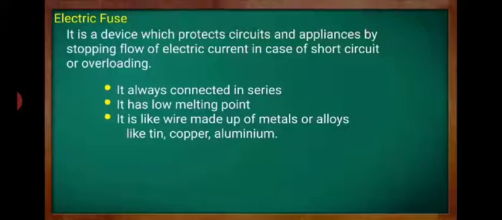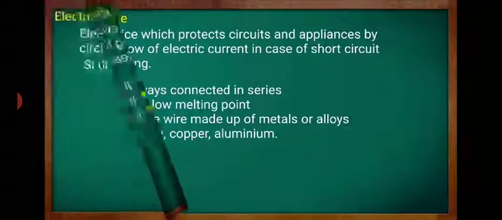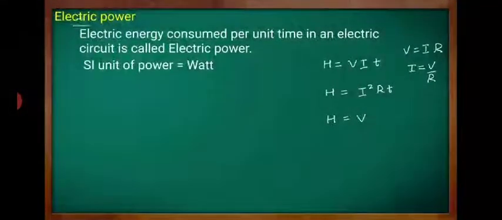It is a wire-like structure made up of metal, or you can say alloys. Alloys means a mixture of metals like tin, copper and aluminium. So if asked what material an electric fuse is made of, you can write metal and alloy.